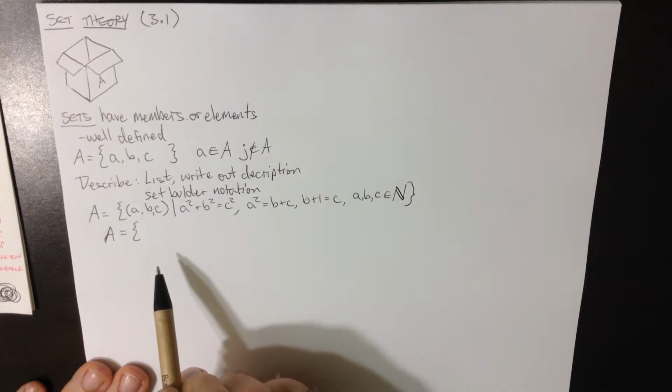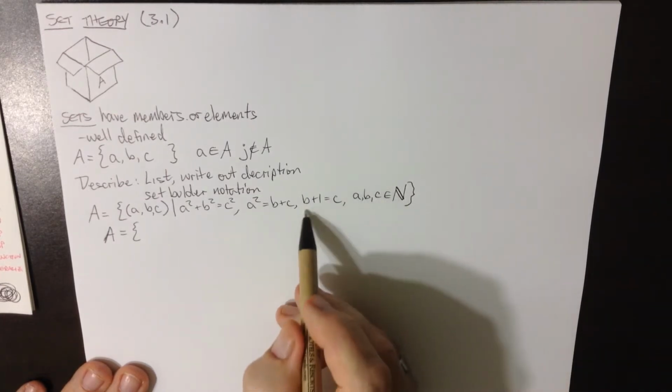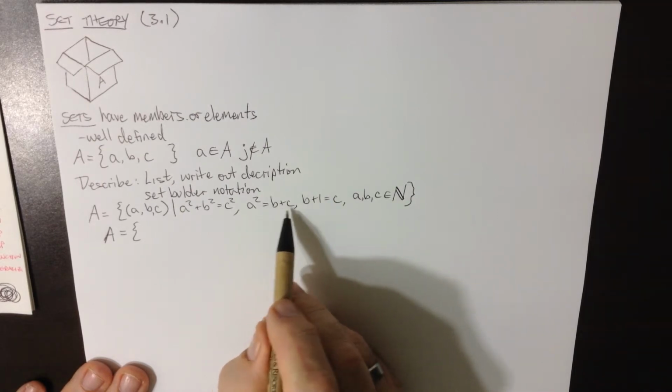What if we let, which is the smallest number here, what if we let b be equal to 4? If b is 4, then c would be 5. Then a squared would be 4 plus 5.